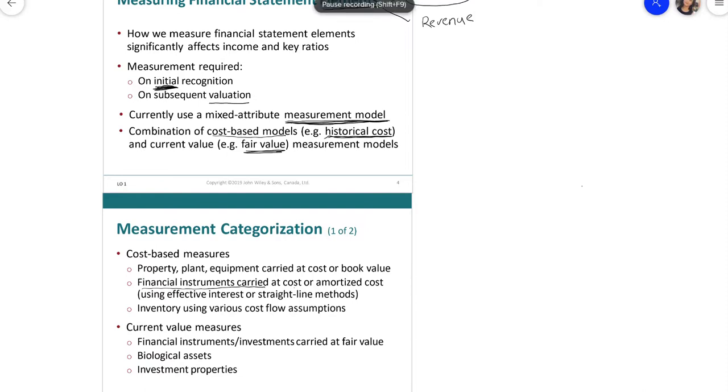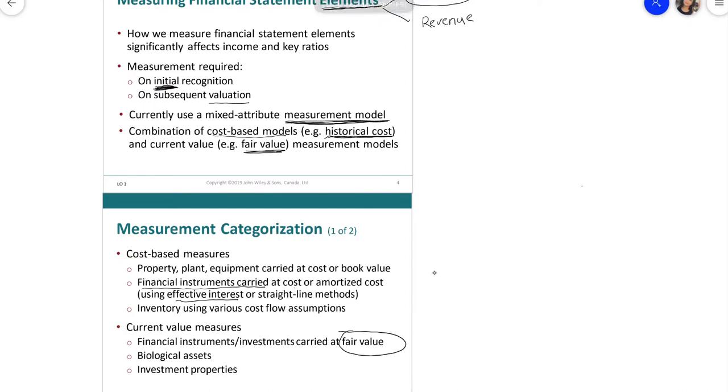But if you have a financial instrument, an investment, that you're going to be selling later on, then you'll be carrying it at fair value. If this investment or instrument is not there to resell, it's carried at the cost, and sometimes if it's carried at the cost, then we amortize it, using an effective method or a straight line method.